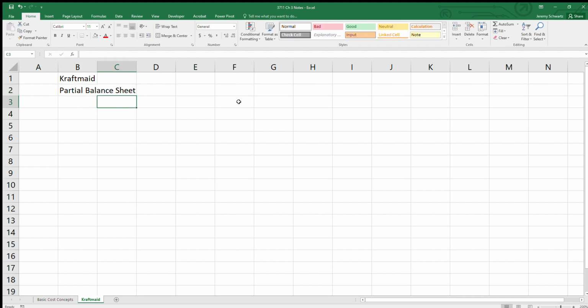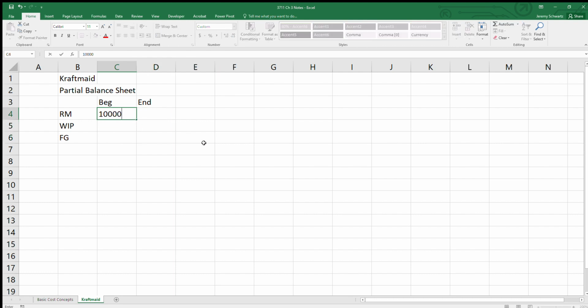And so we have our beginning and our ending balances given. Since it's a partial balance sheet, we'll be looking at raw materials, work in process, and finished goods. And say that the amounts that we have here, we'll just tidy those up.